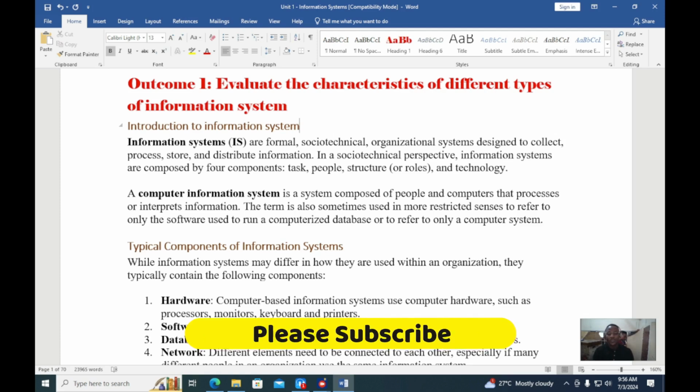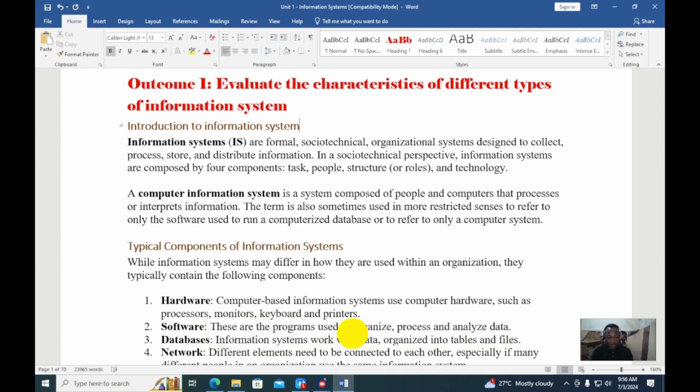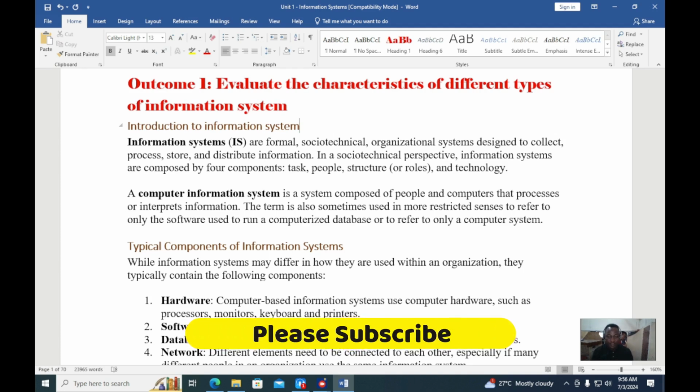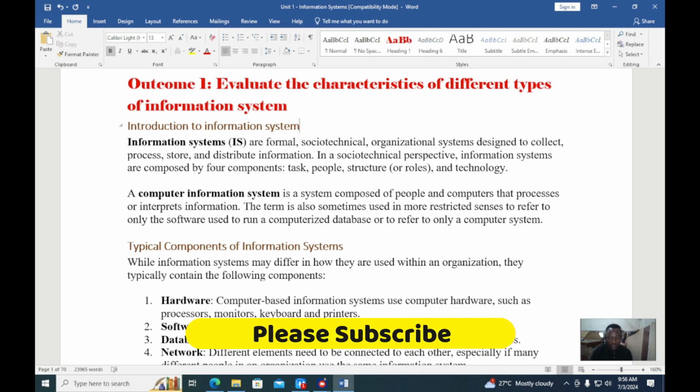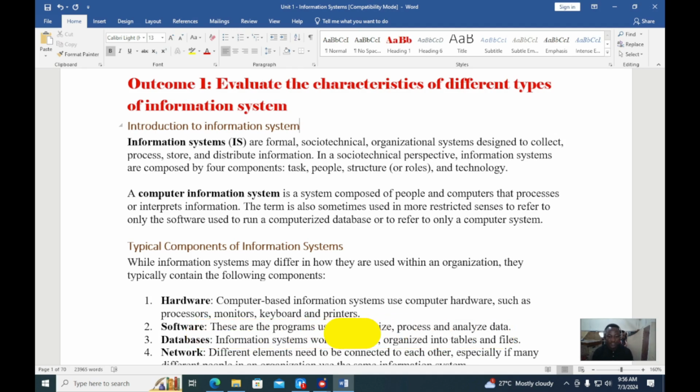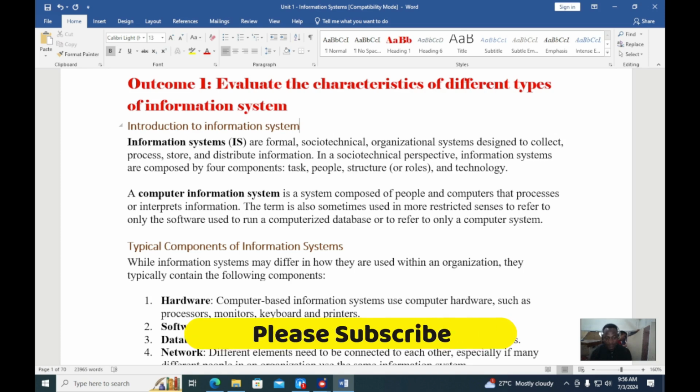So when you look at a computer information system, we are talking of a system that is made of people and computers. A computer information system is a system made of people and computers, and the work of these people and the computers is to make sure that they are able to process and interpret information.